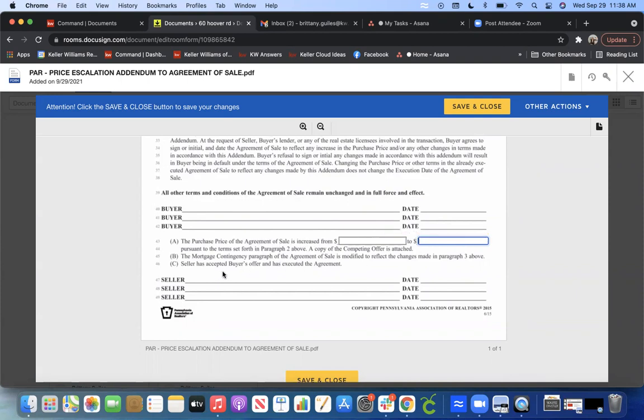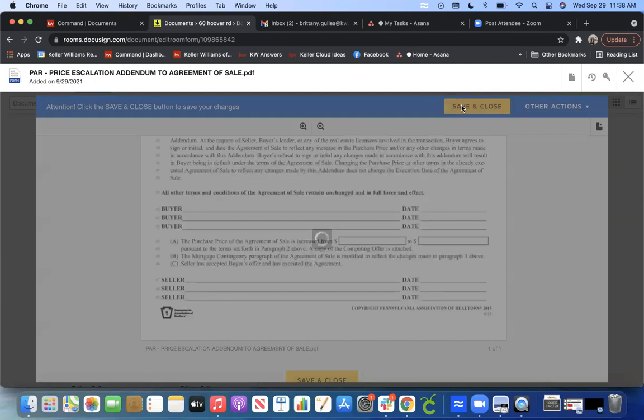The seller has to show you a copy of that offer, okay, as proof. You're not just taking their word for it. And then the seller would sign and date. And then I would save and close.